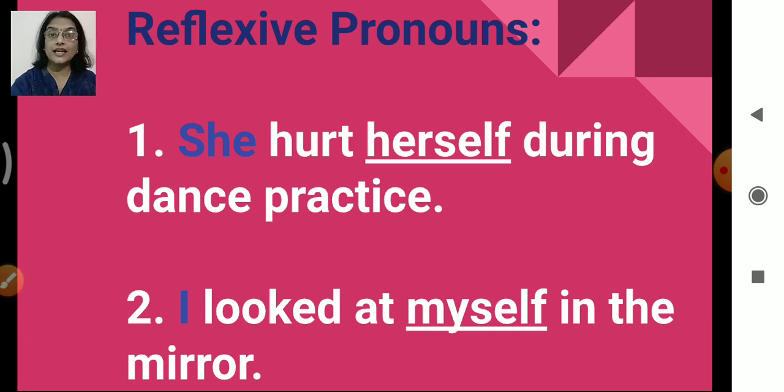reflexive pronouns. This is the second pronoun which we are going to do. Now, if you see the sentence here, can you see? The first one, she hurt herself during dance practice. Second one, I looked at myself in the mirror. Now can you see here two words, she and I. Now you know what is a sentence, right?